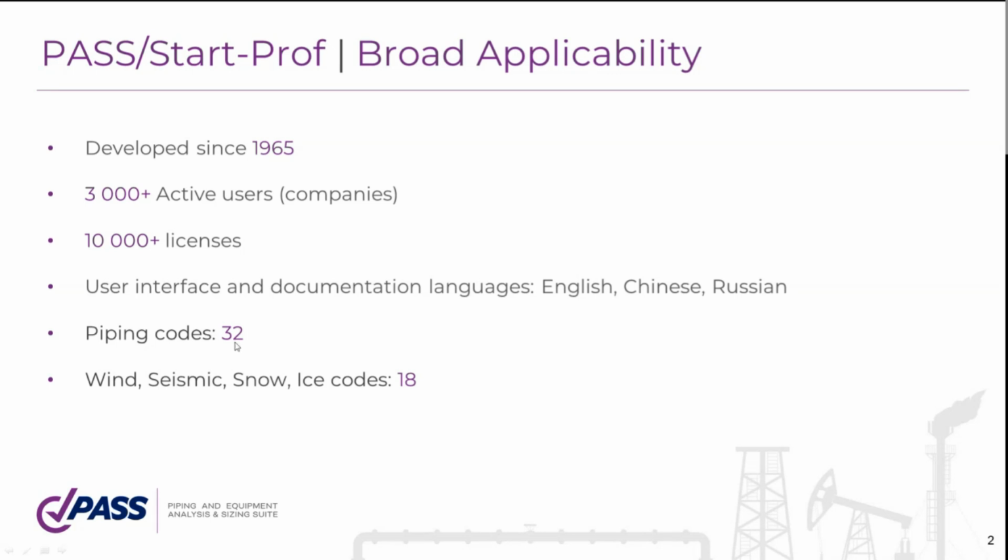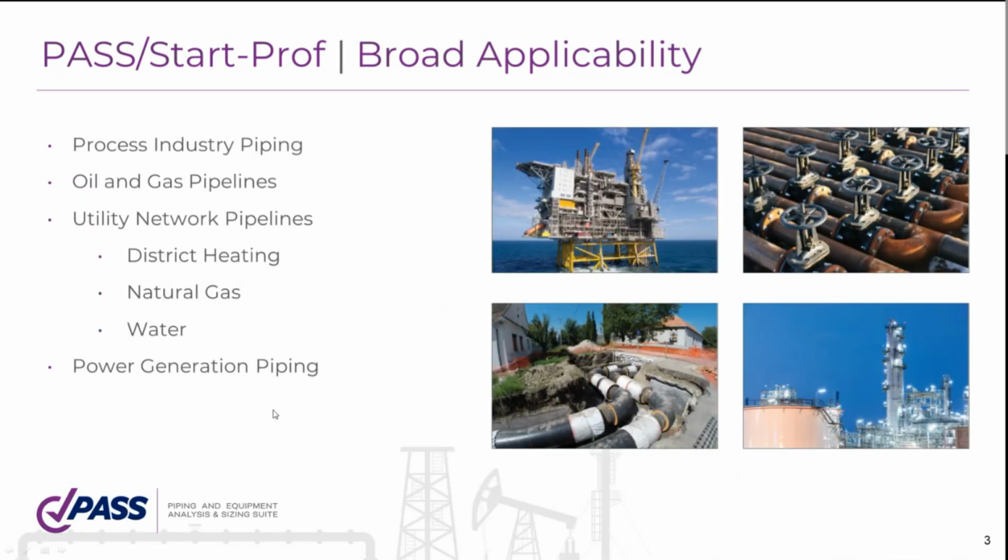We have 32 piping codes and 18 codes for wind, seismic, snow, and ice loads. It is used in different industries: process piping systems, oil and gas pipelines, district heating, natural gas, water, power generation piping, power piping systems.